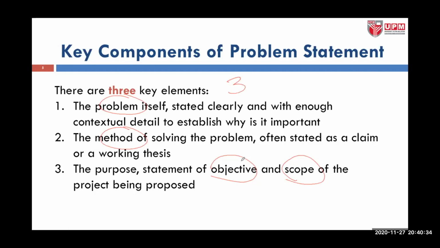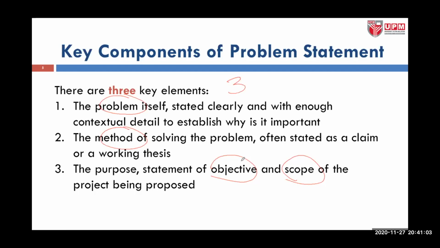All right, so you have what is the issue that you want to solve, and then maybe you will say how it is going to be solved, either through simulation or experiment, or the method that you want to use, and then the objective and the scope. So these are the key components of the problem statement, right?